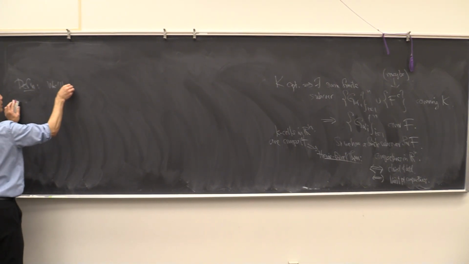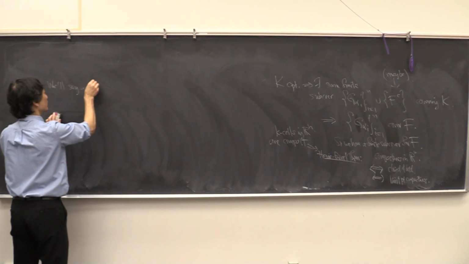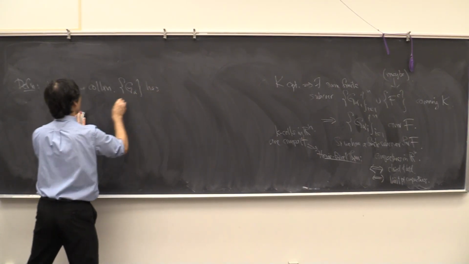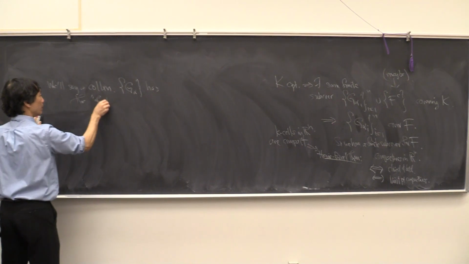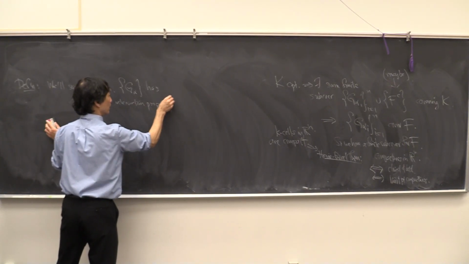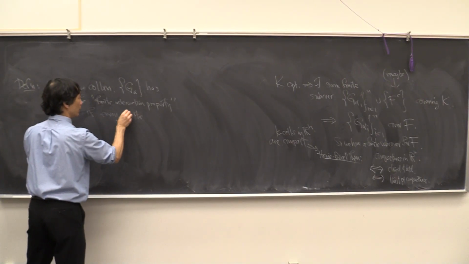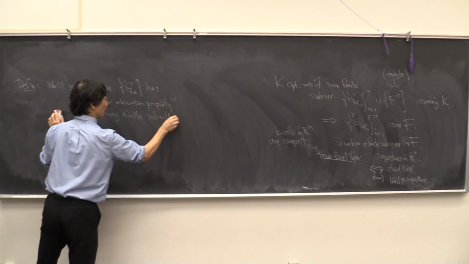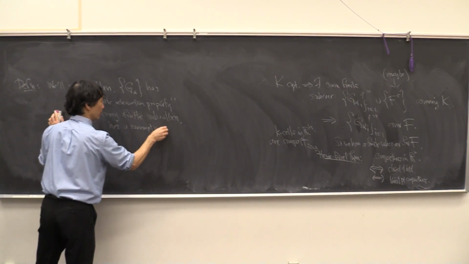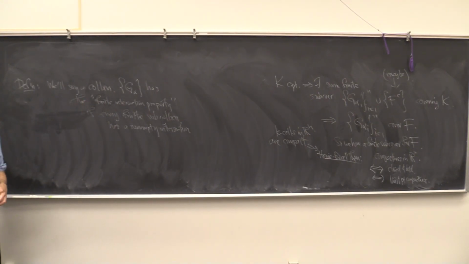We'll say a collection of sets G alpha has the finite intersection property if every finite subcollection has a non-empty intersection. Every finite subcollection has a non-empty intersection.